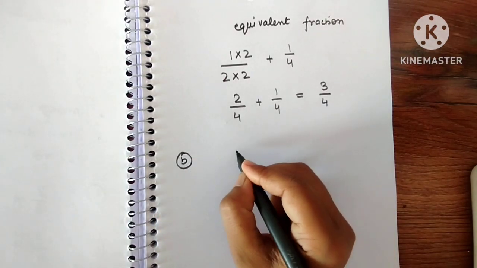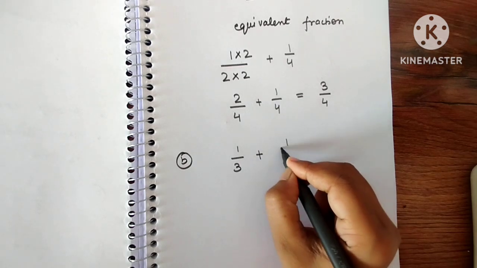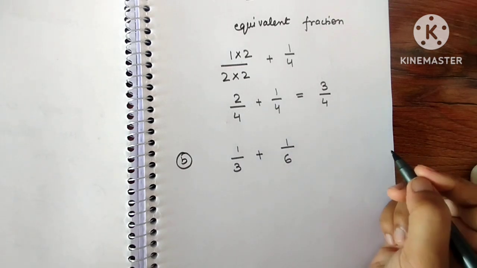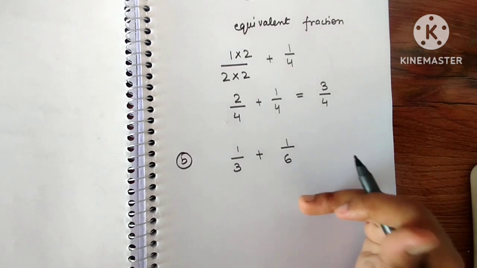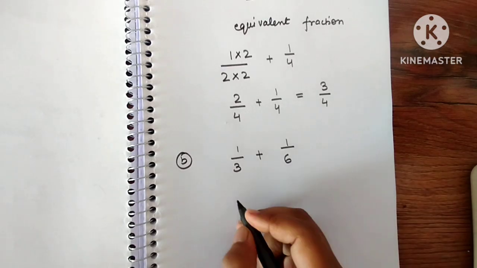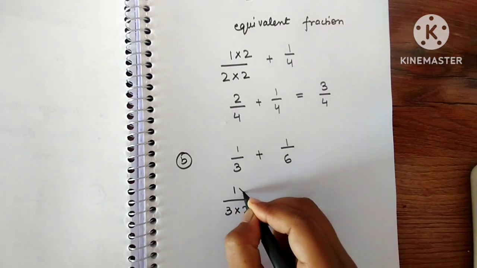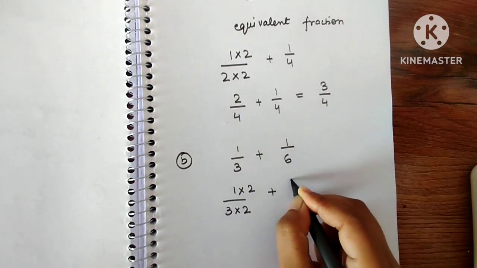One more question. 1 upon 3 plus 1 upon 6. How can you convert 3 into 6? By multiplying by 2. Correct? So what do we do? Multiply 2 in the denominator, multiply 2 in the numerator.